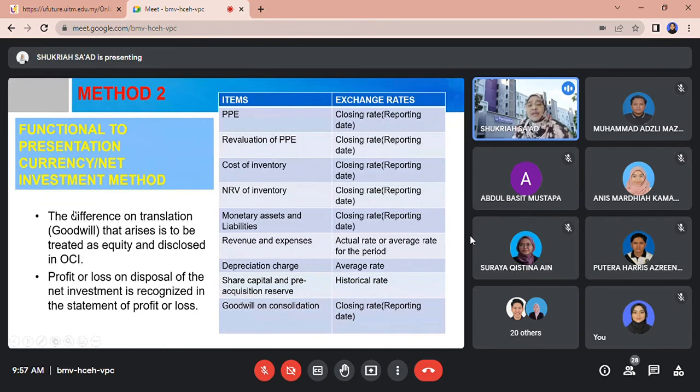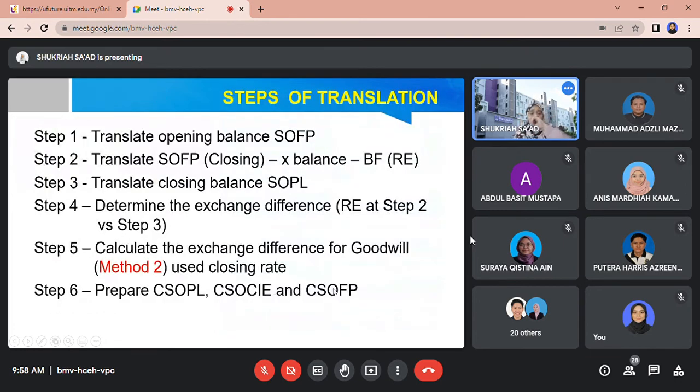Okay, so yang ni, ini dia punya item tak sama, dia punya guideline is different according to the method. Cuma dalam method nombor 2 ni kita ada goodwill on consolidation. Okay, alright. So step of translation, step 1, step 2, step 3, step 4, step 5 and step 6. Ada 6 step. Okay, dapat soalan nanti, tengok.